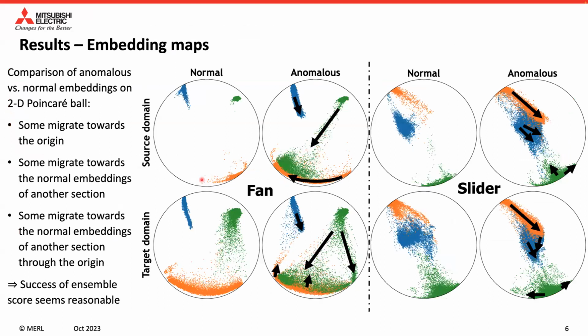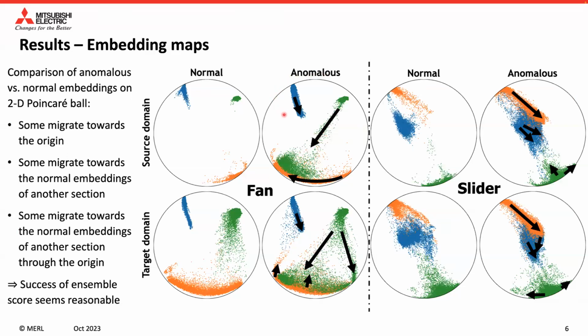Finally, let's look at a graphical illustration of those scores. Here we're looking at the embeddings for the validation data provided in the challenge. For all those machine types, fan, sliders, we have 3 models that we tried to classify. Comparing the embeddings generated from normal data versus those generated from anomalous data, we observe behaviors that are consistent with our anomaly scores.